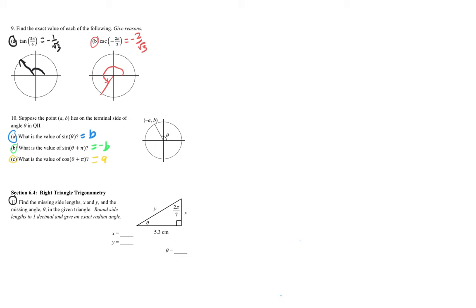Alright, so looking at number 11 now, we want to find the missing side lengths x and y and the missing angle theta in the given triangle. Why don't we start by finding what theta is? So the angles of the triangle need to add up to pi, right? So we know 2 pi over 7 plus, since it's a 90-degree angle, pi over 2, plus theta needs to equal pi.